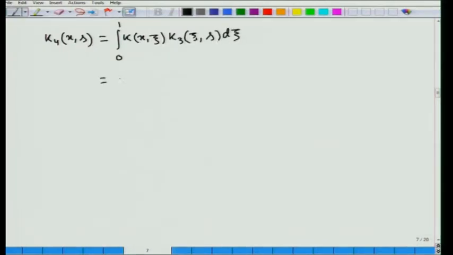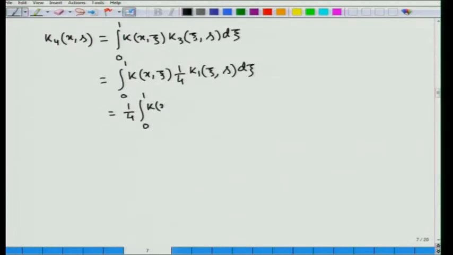So, this is equal to the integral from 0 to 1 of k(x,xi) times 1/4 k1(xi,s) d xi, that is 1/4 times the integral from 0 to 1 of k(x,xi) k1(xi,s) d xi. So, this is equal to 1/4 k2(x,s), because the integral from 0 to 1 of k(x,xi) k1(xi,s) d xi is nothing but k2(x,s).